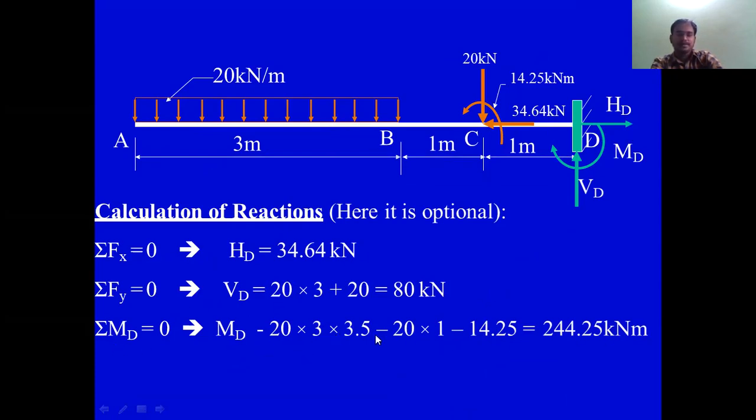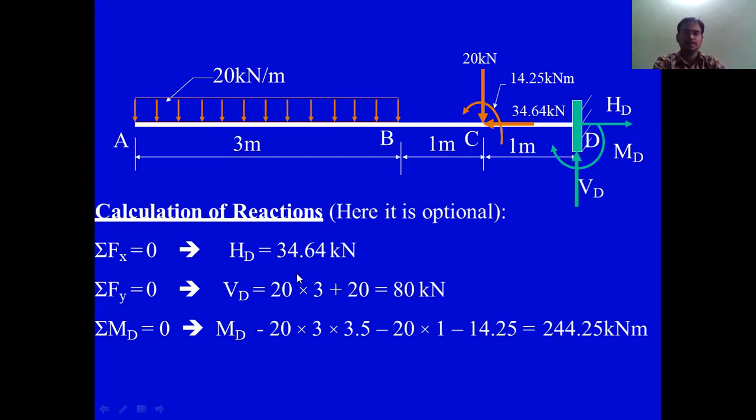By using this, you can find the Hd value, Vd value, and Md, the moment about D. The thing you should remember is, when it is a cantilever beam, in the reaction forces you will have not only horizontal and vertical reactions, but a reaction moment also exists at the cantilever fixed end.